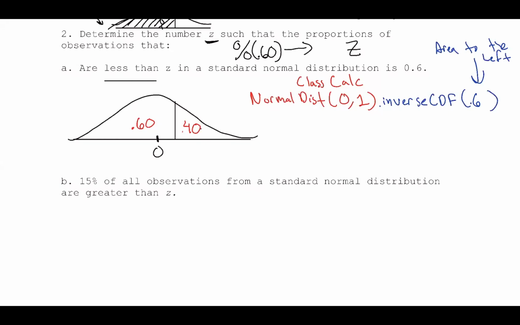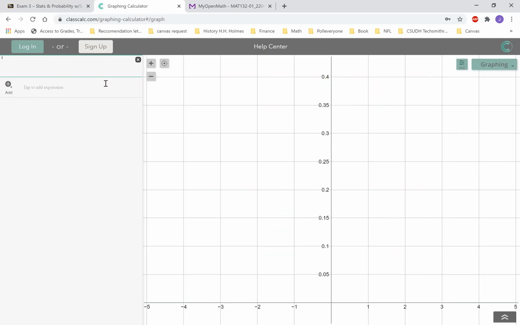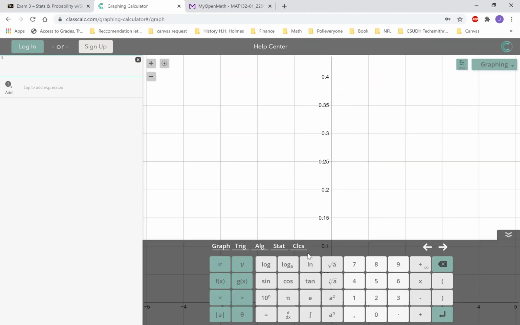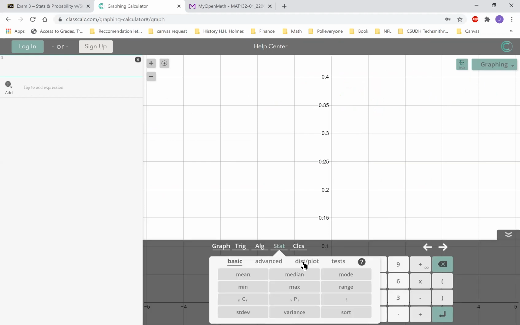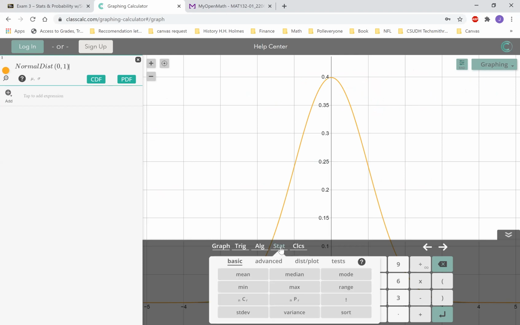All right, so let's go over to ClassCalc and figure this out. In ClassCalc, you go to stats, you go to distribution, you go to normal distribution, and you enter 0, 1. Then you go to stats and distribution again, and if you look right here, it says inverse CDF.